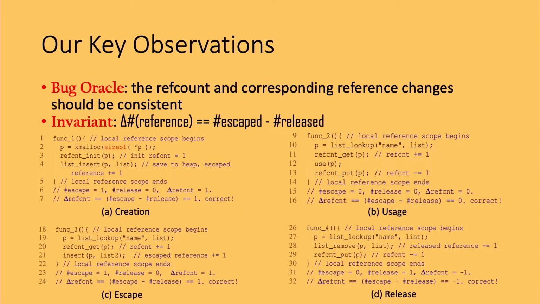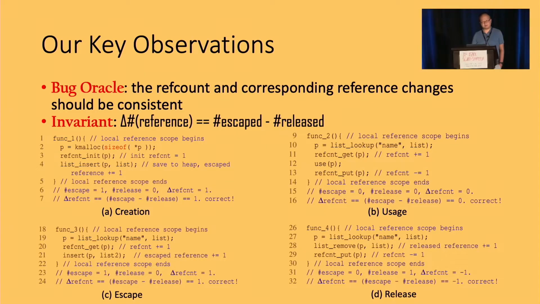So here are our key observations, or key ways to build a scalable analysis to accurately track reference count bugs. We're using this strong bug oracle, meaning that we track the reference count, and we make sure that the changes to the ref count correspond to the changes in references.